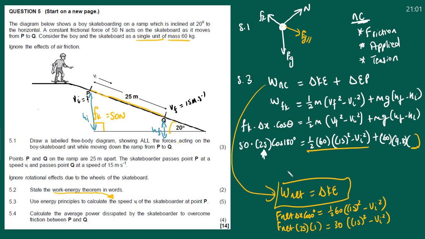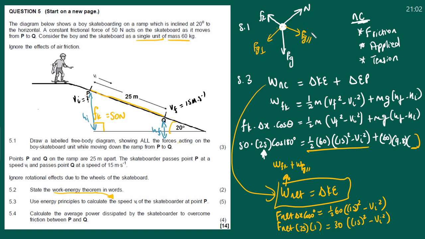So for WNet, you can write it as work done by friction plus work done by FG parallel. Because remember, the work done by normal force is 0 because it's perpendicular to where the object is going. Then for FG, you already used FG parallel. The work done by FG perpendicular is also 0.